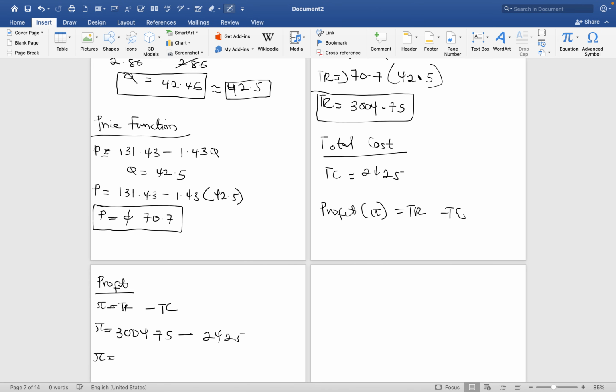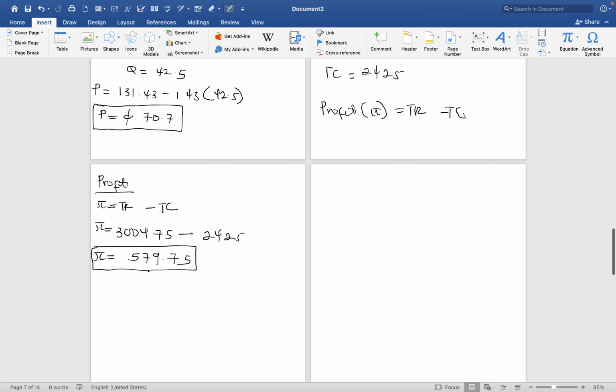So the profit is 3004.75 minus 2425. So profit is 579.75. So this is the profit without discrimination.